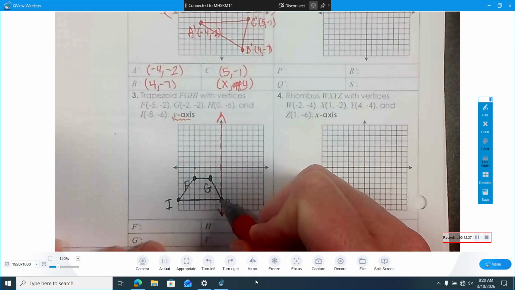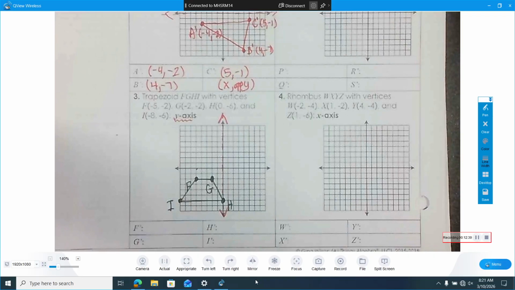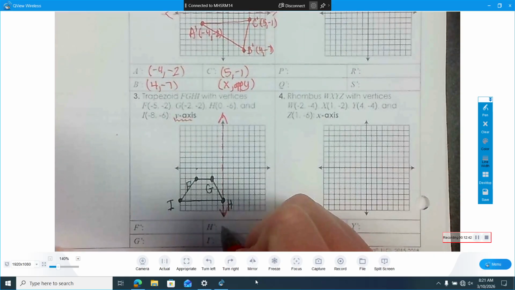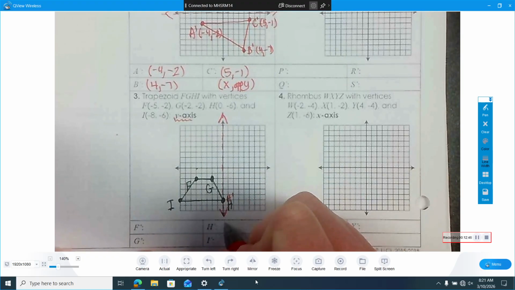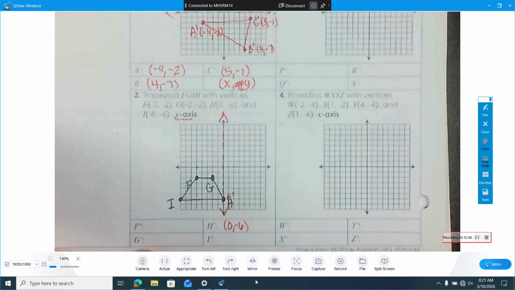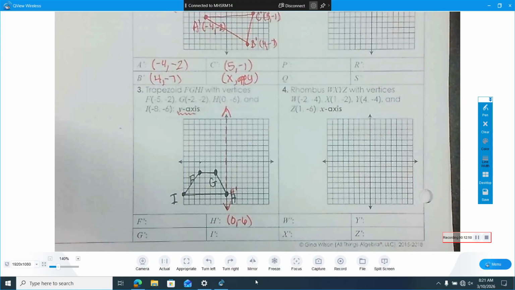What do you think happens to point H? Stays exactly the same, yes. H prime is itself at 0, negative 6. That point did not change because it's on the line of reflection, and if you flip it around, it didn't move, right? It's just flipped around itself, okay?